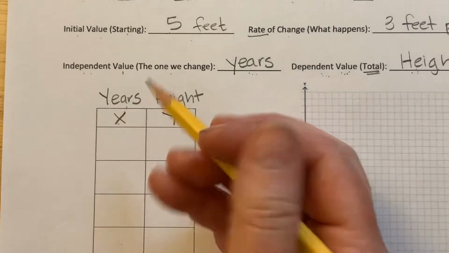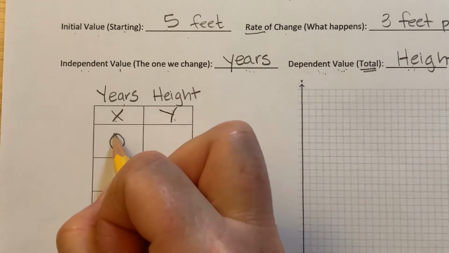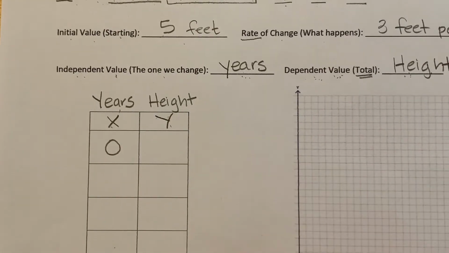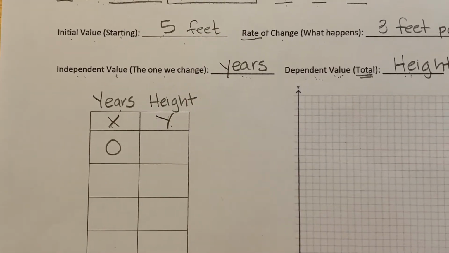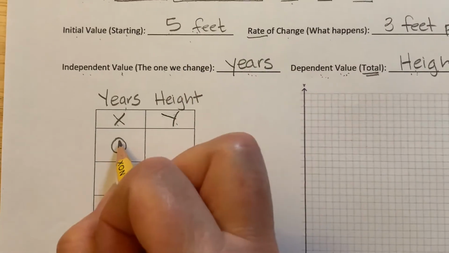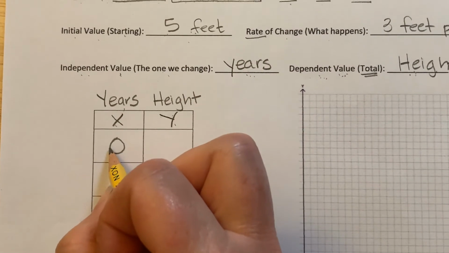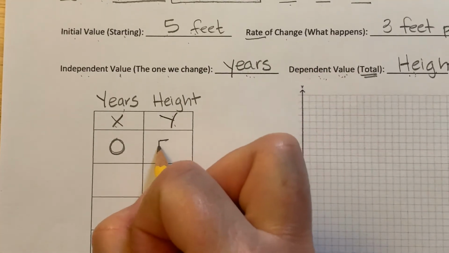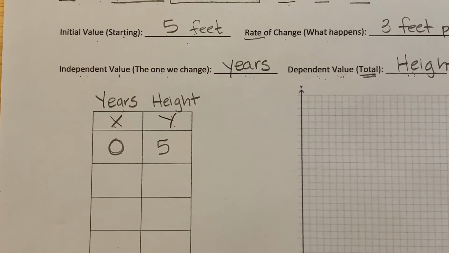If I have 0 years, so in other words, our scientist has just planted the tree. How tall is the tree when she plants it? Remember, we already pulled that information out. So at 0 years, because the tree is 0 years old in the ground, it is 5 feet tall. Okay.